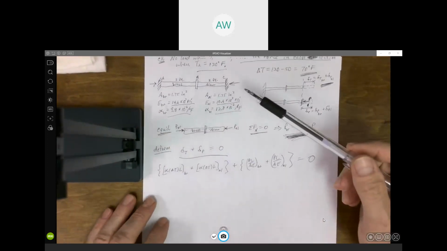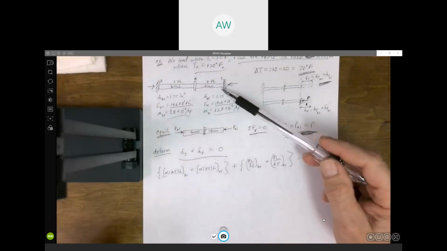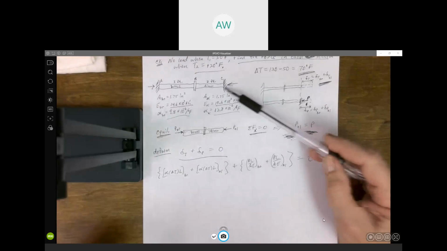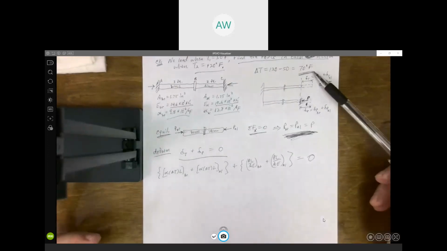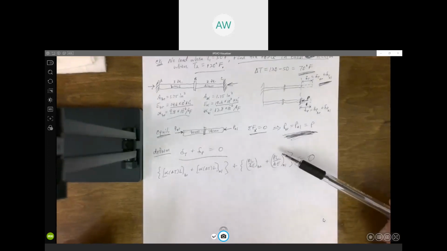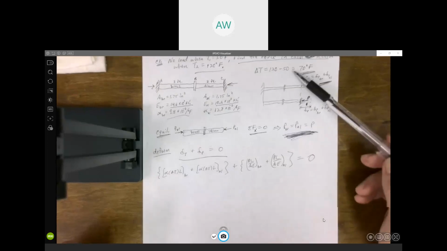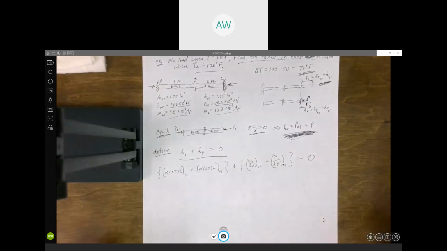Given this problem, where we've got this brass and aluminum bar between these two rigid walls, and the temperature goes up 70 degrees, what do you think that force is going to be? How much force is going to be generated by increasing the temperature 70 degrees? I'm asking for guesses. You can just type in the chat, or unmute and speak up.